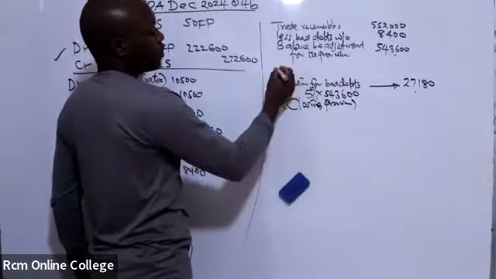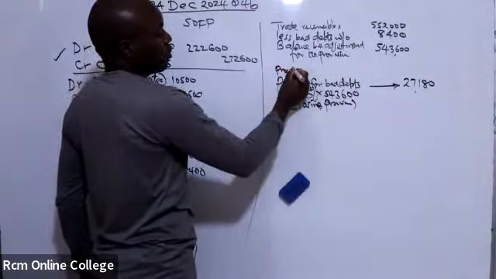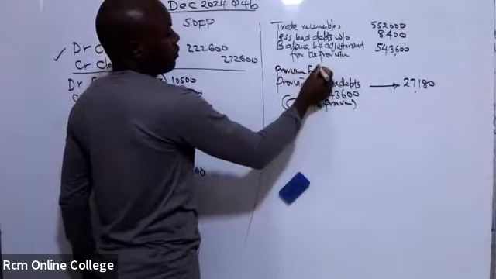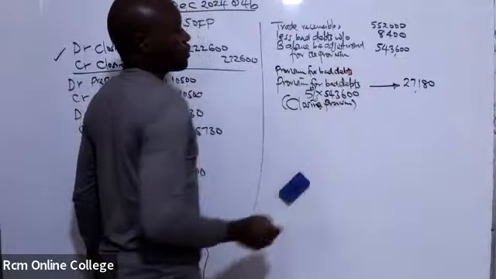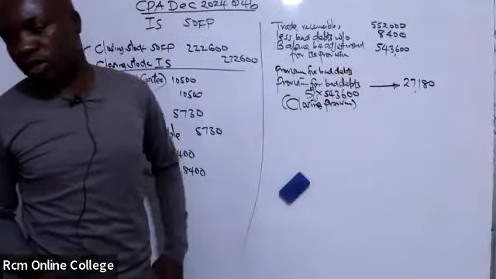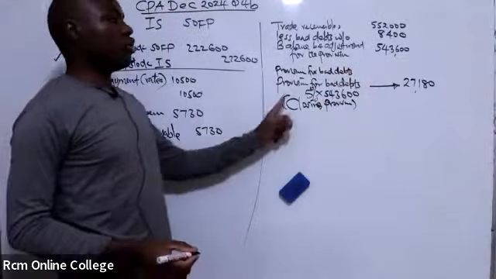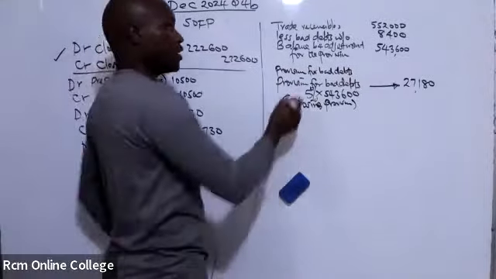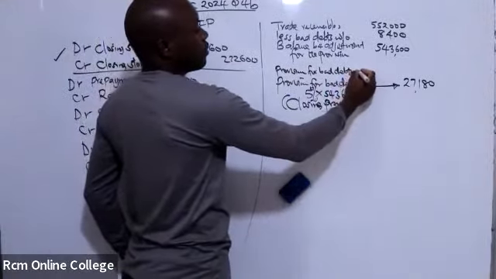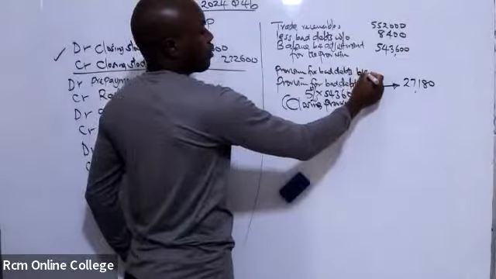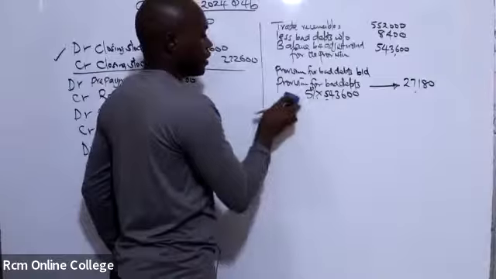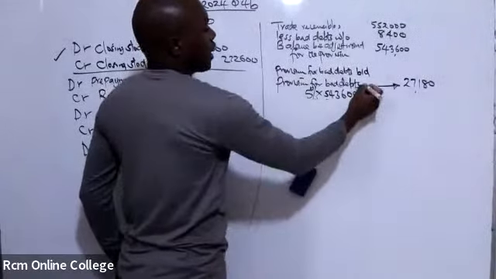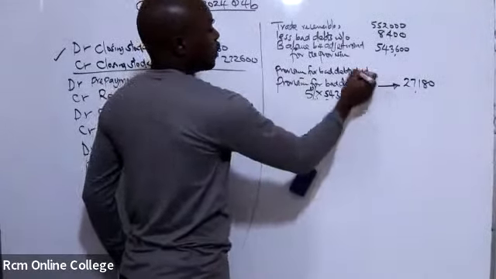Just say provision for bad debts. Someone who has attended a financial accounting class will not say opening provision, but will say provision for bad debts brought down, and provision for bad debts carried down, the closing balance.